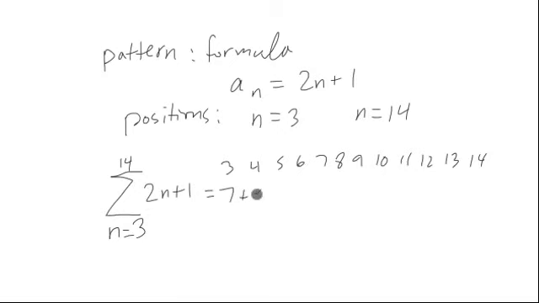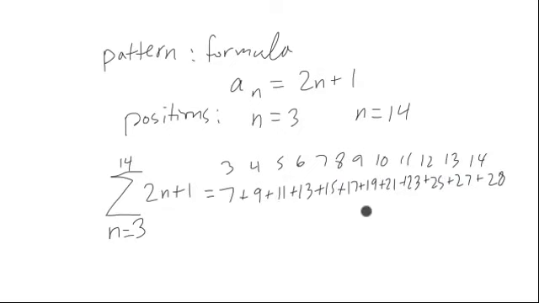So this is like 7 plus 9 plus 11 plus 13 plus 15 plus 17 plus 19 plus 21 plus 23 plus 25 plus 27 plus 29. Okay, that was a lot to write out. This right here is a simpler, quicker way to write down the sum that we just wrote out.